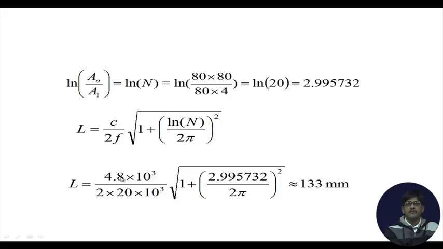So we put 4.8 into 10 to the power 3 divided by twice f, 2 into 20 into 10 to the power 3. 10 to the power 3 cancels, and therefore after all these calculations we will have 133 millimeters.